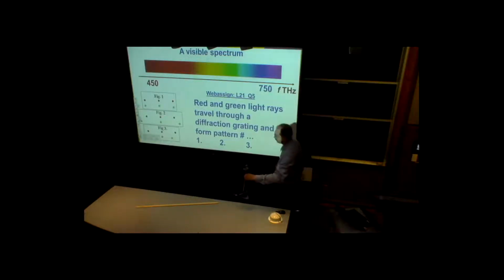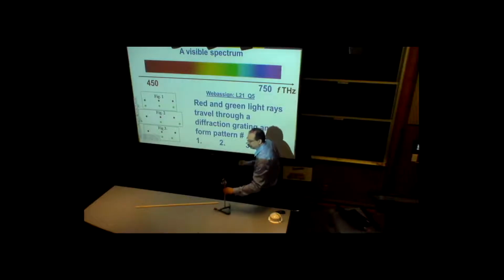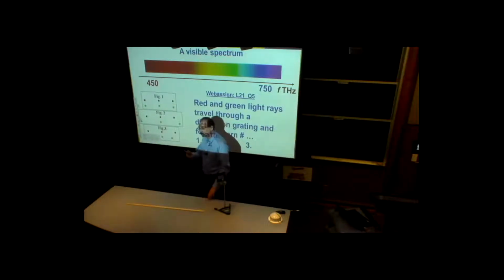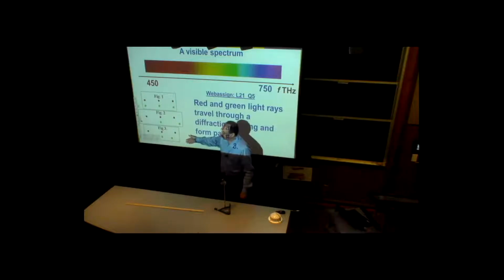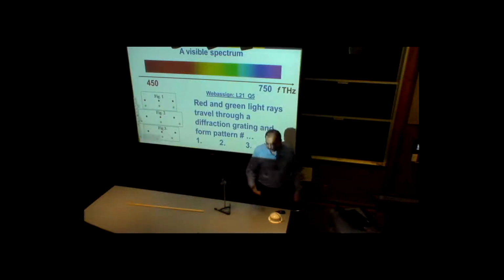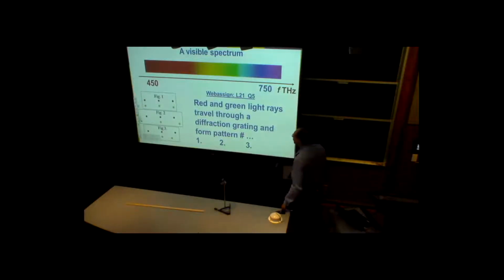But now, instead of using only one green laser pointer, I will use two, green and red. And of course, on this screen, we will observe two interference patterns, one because of the red laser, second because of the green laser.